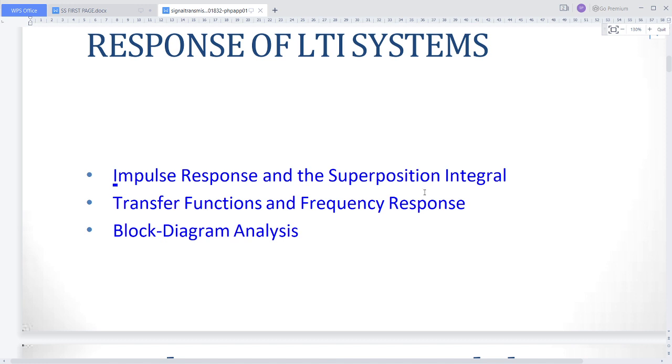Coming to linearity, if a system satisfies the superposition and homogeneity properties, then we call that system a linear system.